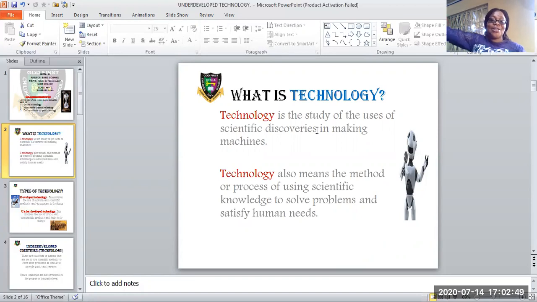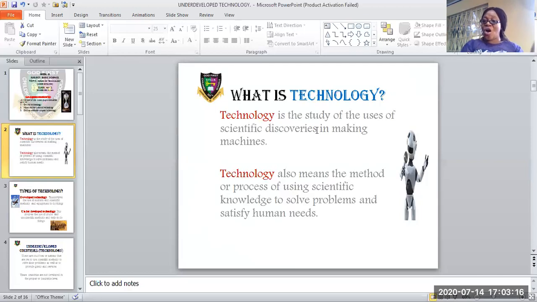The second meaning of technology: technology also means the method or process of using scientific knowledge to solve problems and satisfy human needs. What is technology?